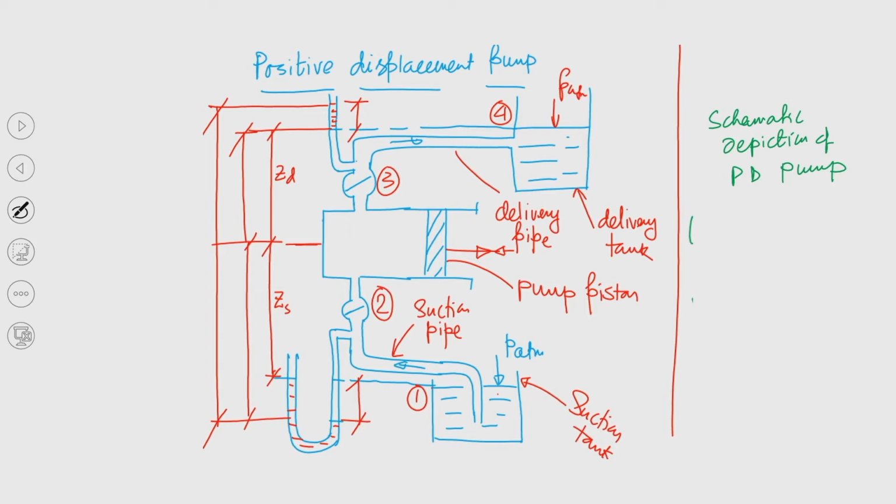The liquid at point 4 has energy in terms of potential energy, kinetic energy, whatever it is that we will discuss, and when the liquid is lifted to point 4, it still has energy, but to lift the liquid from point 1 to point 4, we had to supply energy in the form of work by using this pump.